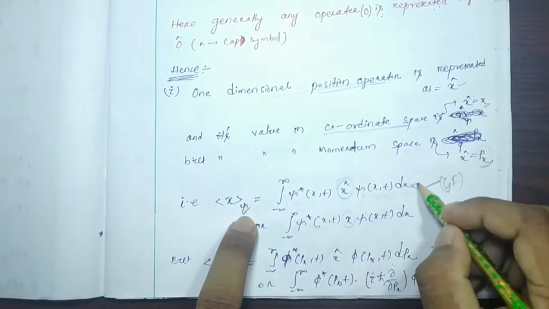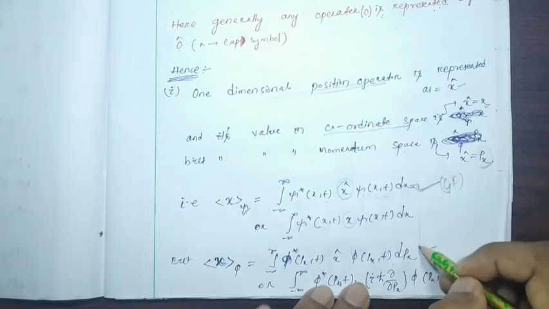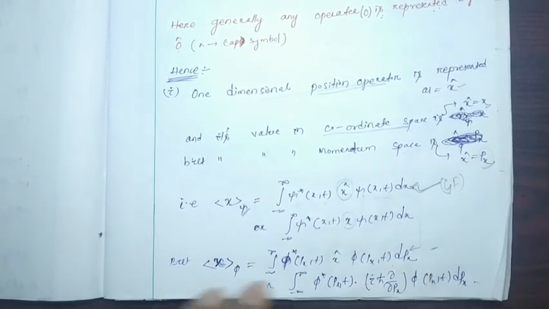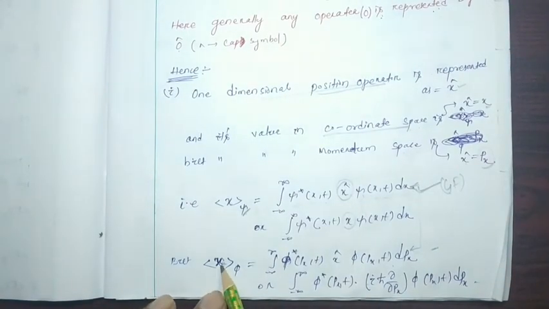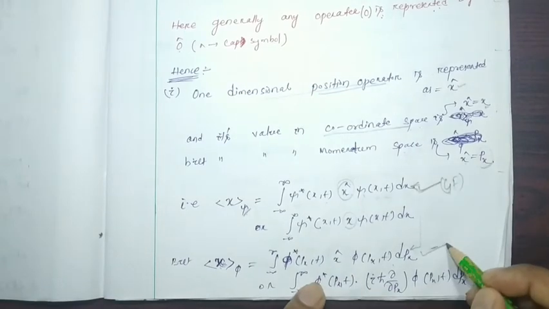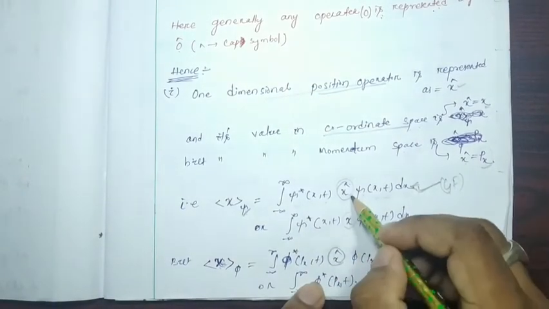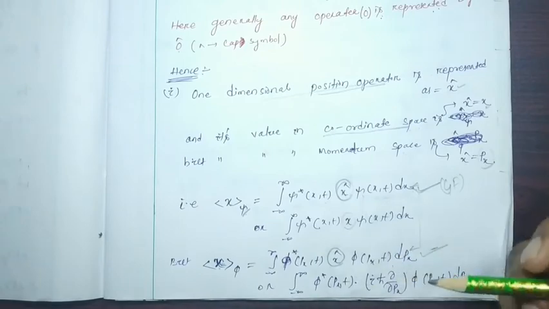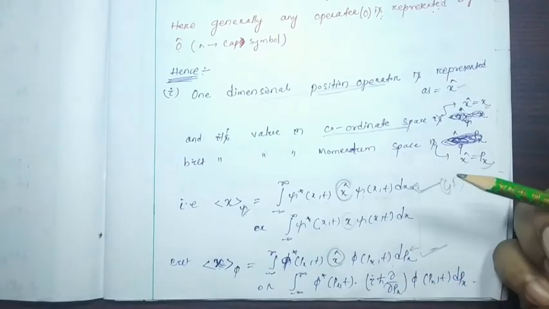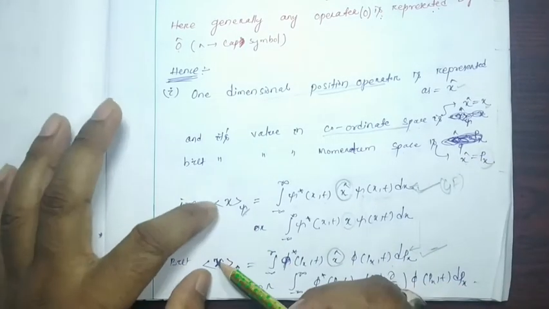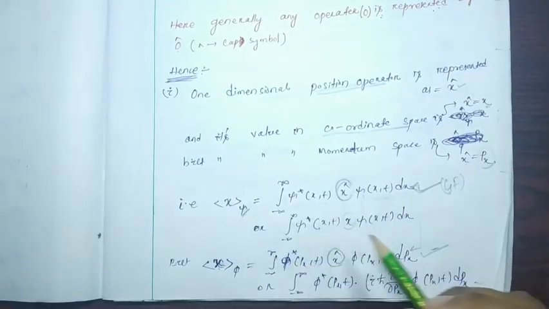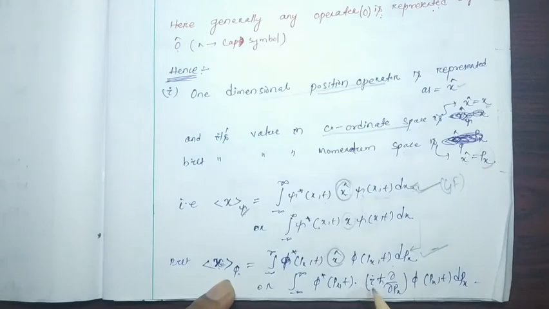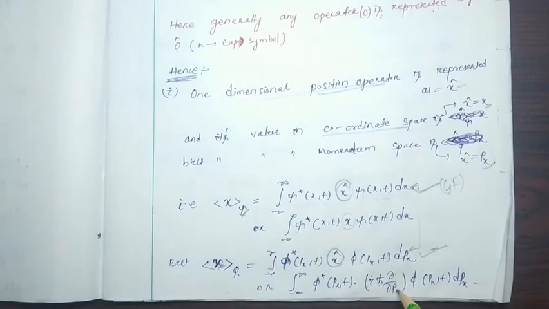See this equation and this equation, I am going to explain first. The expectation value of position in momentum space can be written as this one. Here x cap is the general form of the position operator, but for coordinate space it is x, and for momentum space it will be i h cross del by del px.